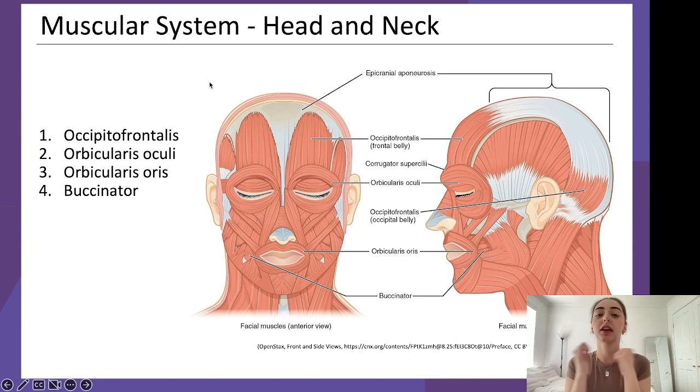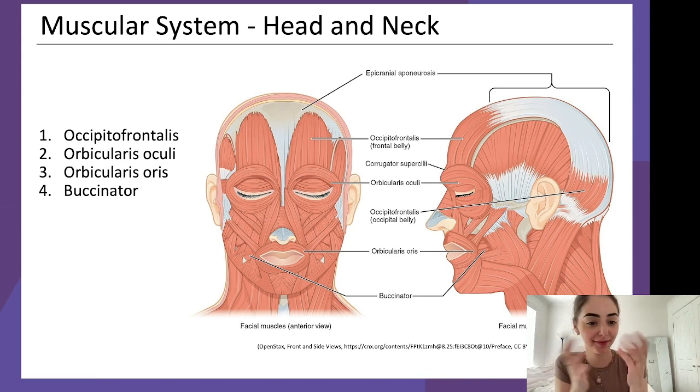Then we have the orbicularis oculi. They have real funny names, as you can imagine. Orbicularis oculi is covering the eyes. It's literally circular over the eyes. Then we have the orbicularis oris, which is circular but covering the mouth. And we have the buccinator. I always struggle with that one.